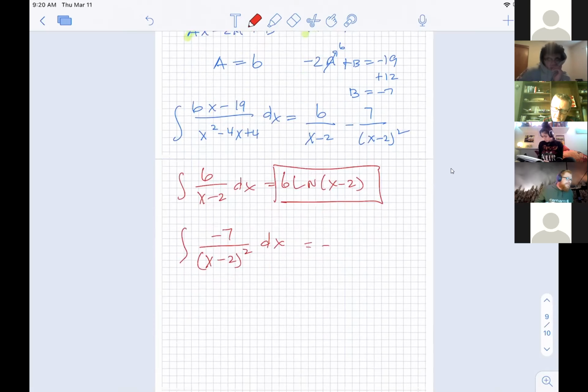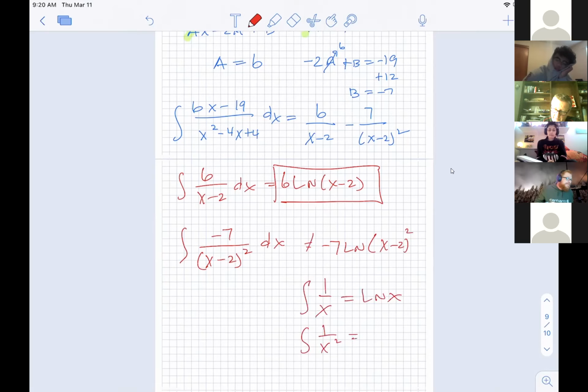Because it's squared, I wish I could tell you the answer is that, but it's not. It's like the x squared equation where it gets completely different, you know? That's exactly right. The integral of 1 over x is the natural log of x, but is the integral of 1 over x squared natural log of x squared?